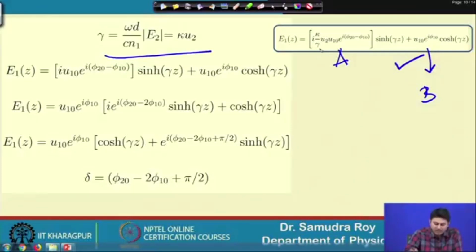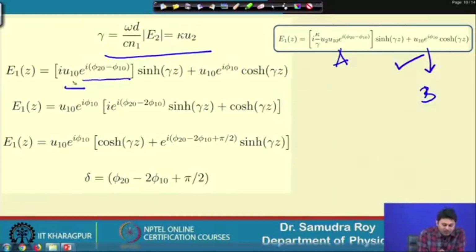If I put gamma equal to kappa u2, these two terms, kappa u2, are going to cancel out, and we will have simply i u10 e to the power of i phi 20 minus phi 10, which is the phase term, then sinh of gamma z, and u10 e to the power of i phi 10 cosh of gamma z.